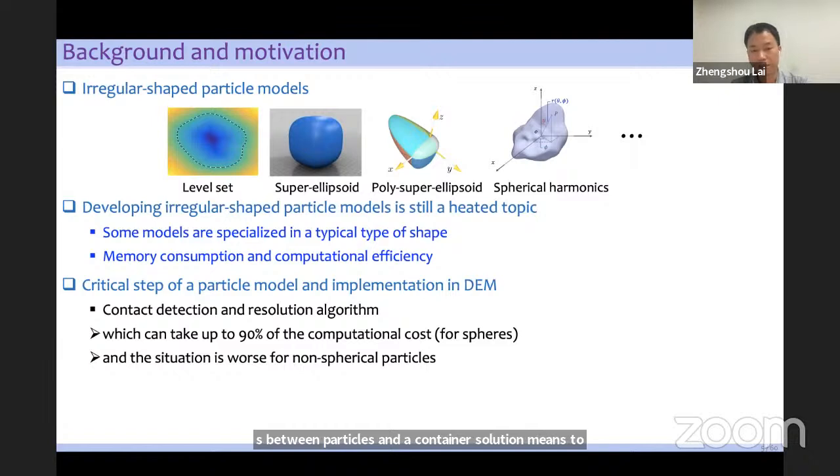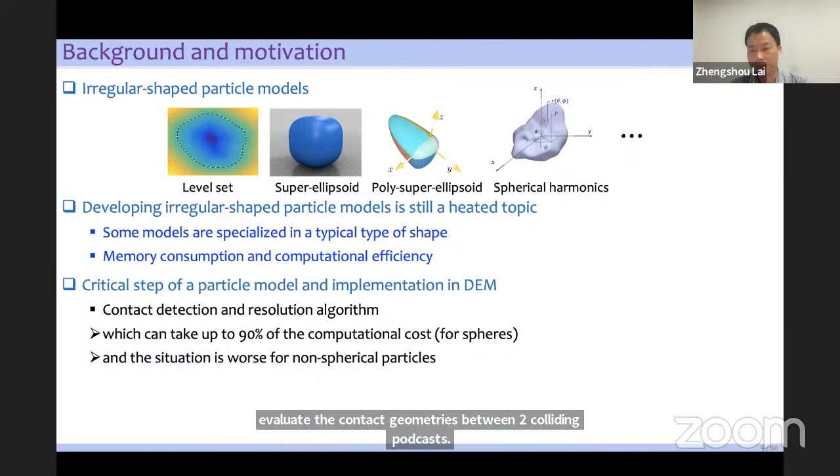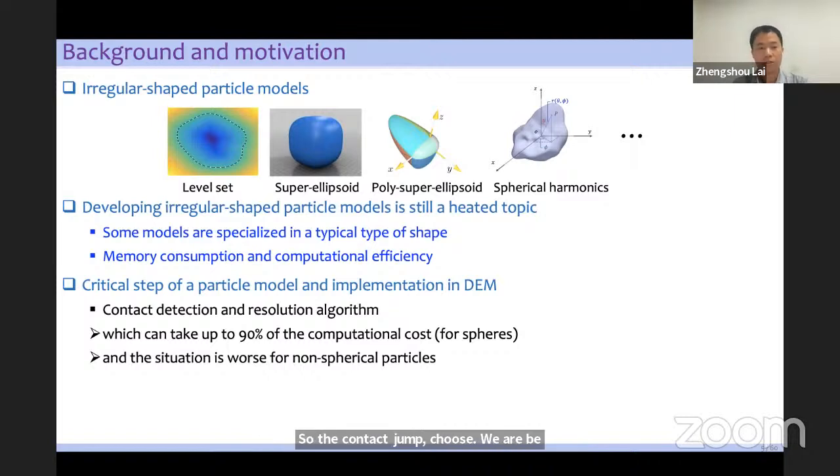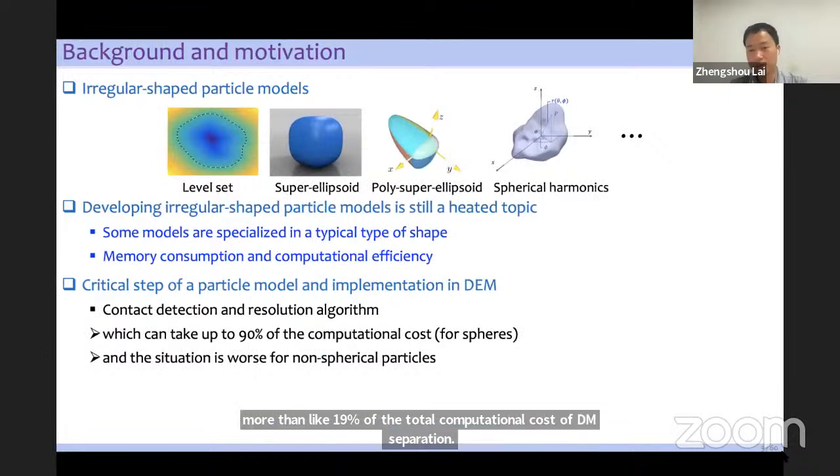The contact geometries are then used to calculate the contact forces. The contact detection and resolution step can take more than 90% of the total computational cost of a DEM simulation, and the situation can be worse for non-spherical particles.